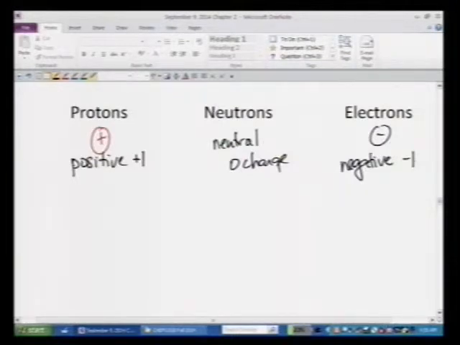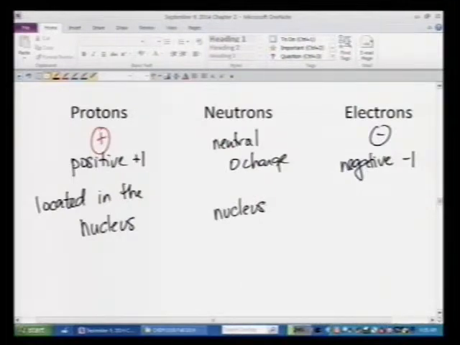Okay, the location, well, we're going to go with the simplified model of the atom. Okay, the location of a proton is being in the nucleus. Okay, so it is located in the nucleus. Neutrons are also located in the nucleus.